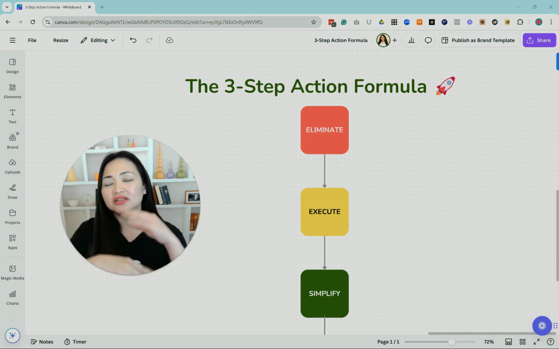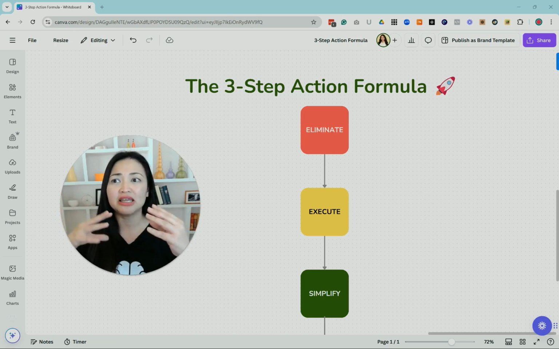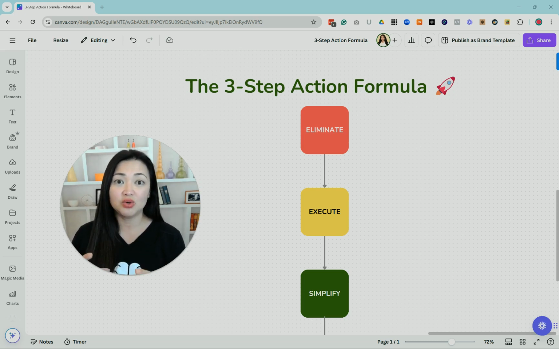And then once you eliminate all that unnecessary information, unnecessary steps, unnecessary feelings, and people that don't really help you get things done, that's when you can go to step 2, which is execute. I execute with clarity and with ease.